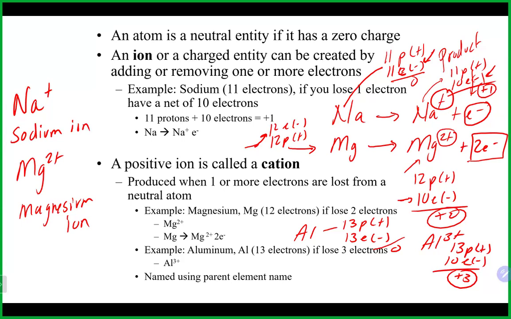Also, if you were writing the formula like I did there on the left, if it is an ion that has a charge, you do need to include the actual charge with it. By the way, it is also important to remember, as we might have talked about previously, that if you take anybody off the periodic table by themselves, they do not have charges.